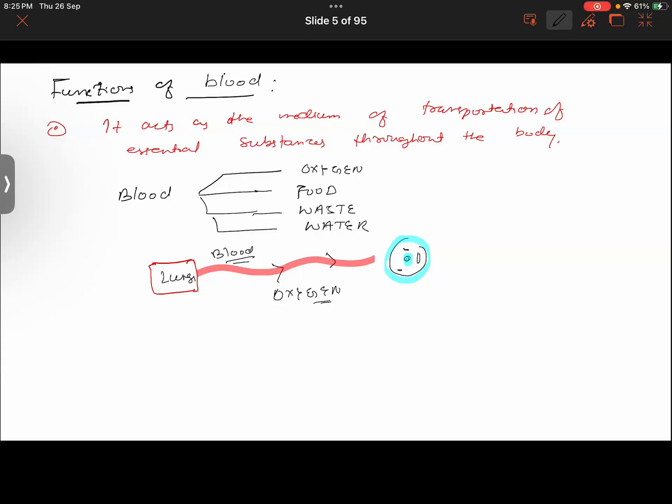Hair, and the uppermost part of the teeth or different parts of the skin also. So all of them contain dead cells. The dead cells will not be carrying out any process, so the oxygen will not be transported to the dead cell. Keep that in mind.